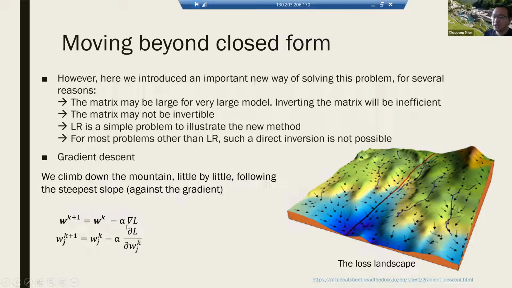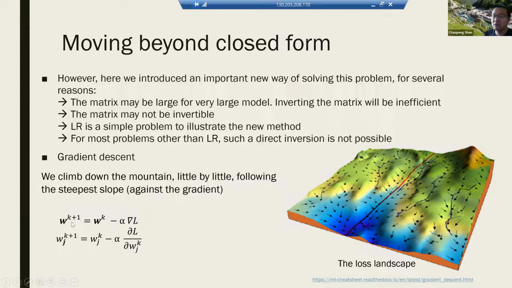We want to calculate the gradient of the loss function with respect to the parameters, and then go down along that slope. So this is implemented by a simple calculation: when k is the kth iteration, the kth guess of your parameter set, you take it and you subtract alpha times the gradient.